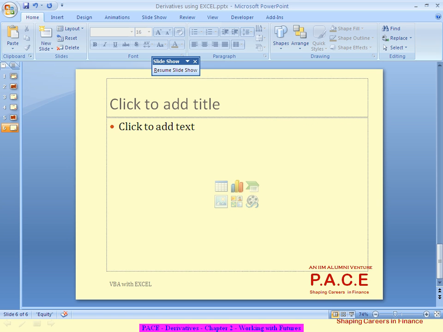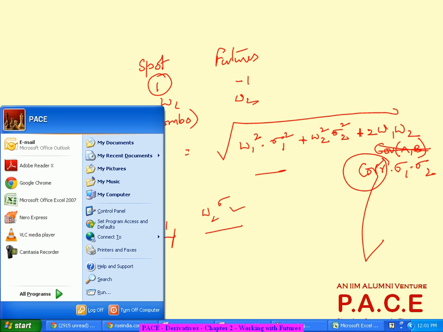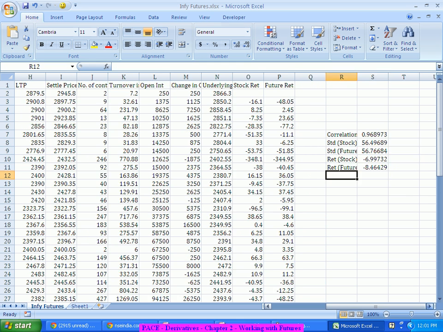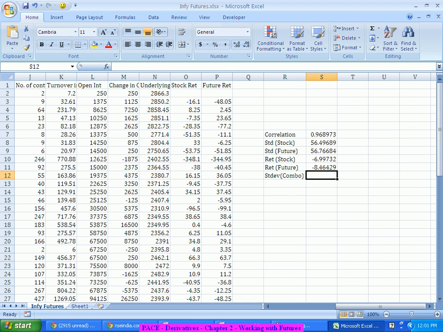So let me just try out this scenario. I'll apply the same formula in the Excel sheet, right? I'll say standard deviation of the portfolio, or I'll say combo. I'm putting a standard deviation of the combo, where, as we said, we'll have to write the formula for that entire stuff, W1 squared, sigma 1 squared and all.